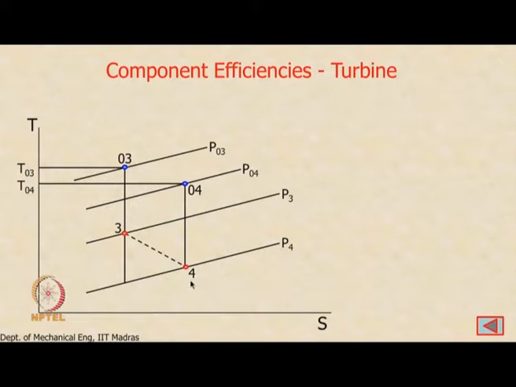So what has happened in this process is that the stagnation pressure has decreased from P03 to P04, which means some amount of work has been taken out. Remember, decrease of stagnation pressure can be due to work extraction or irreversibility. So what we are trying to quantify now is how much of this is work extraction, how much of this is irreversibility.